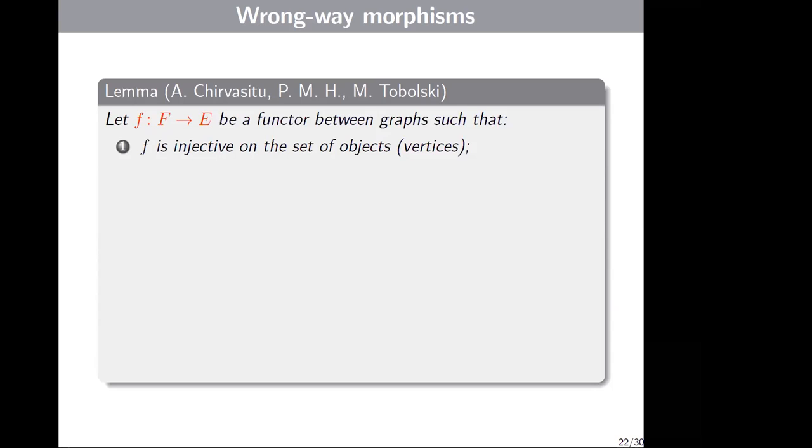So we made the following change. We said, okay, vertices are mapped into vertices, but edges are mapped into finite paths, not necessarily edges, okay? So that's the big deal. This is the change we made.